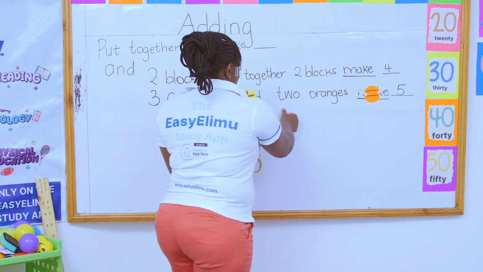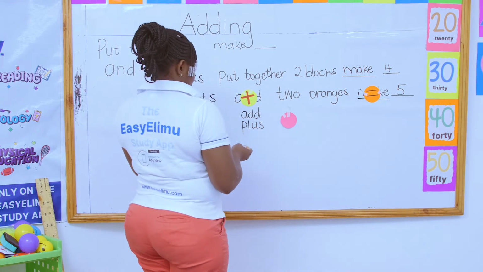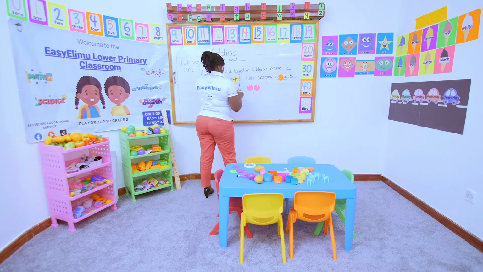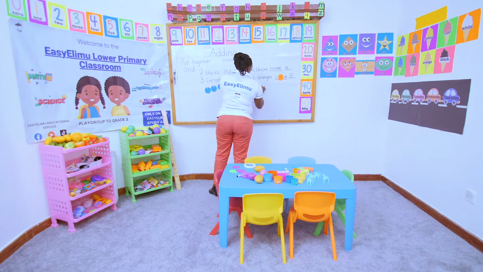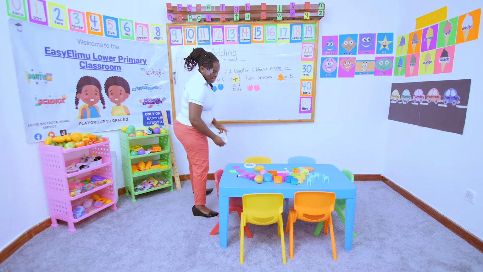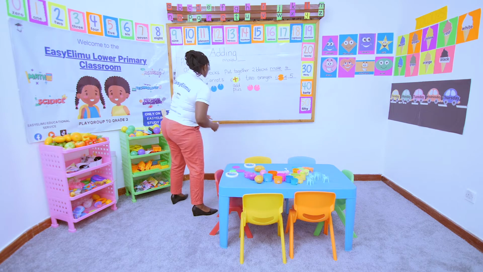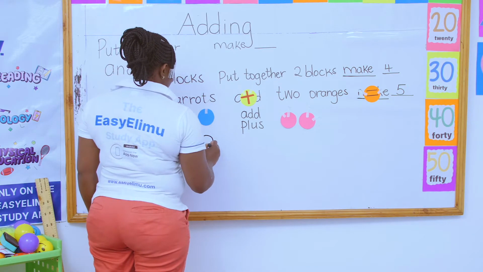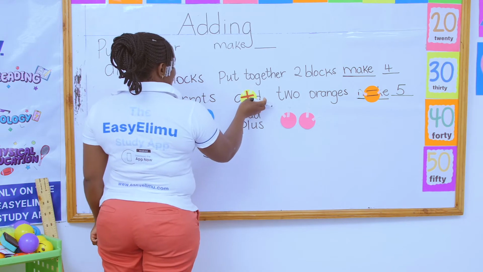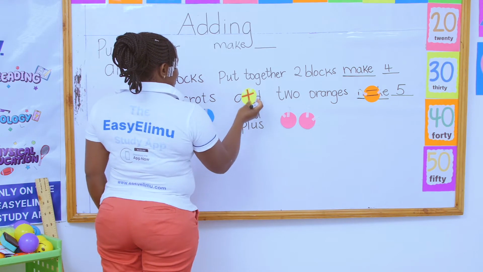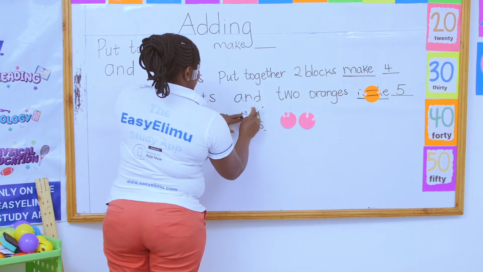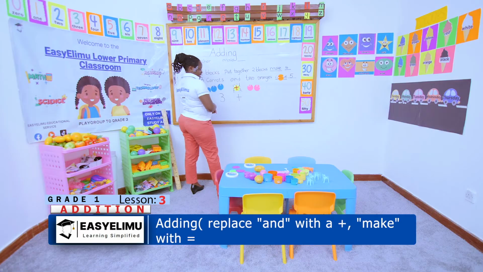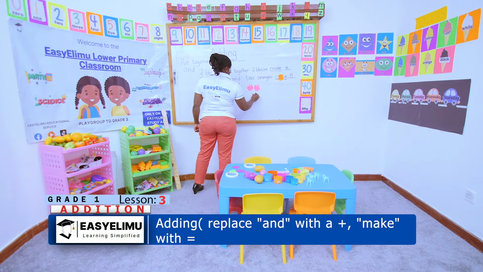So let's see. We have said the meaning of the word add means a plus. Let's count. 1, 2, 3. So we have a 3 here. And we have said and will be represented by a plus sign. So it is our plus. And the 2.